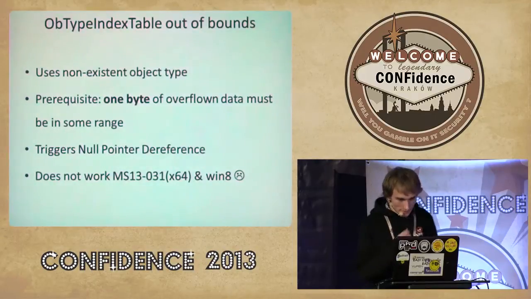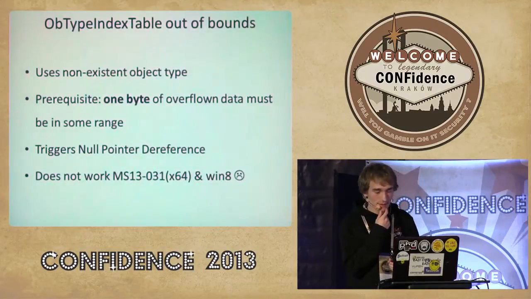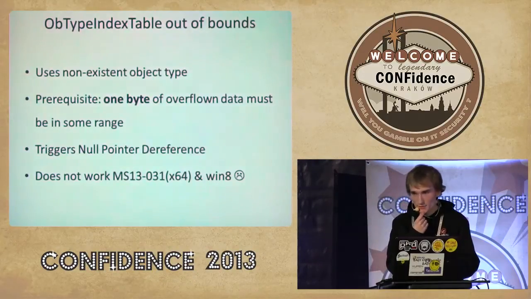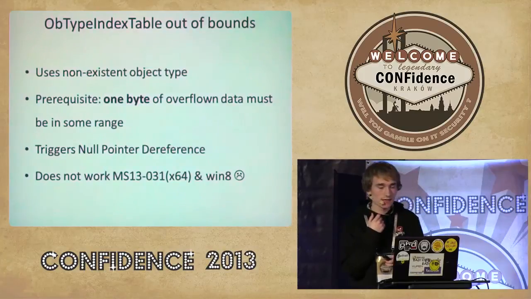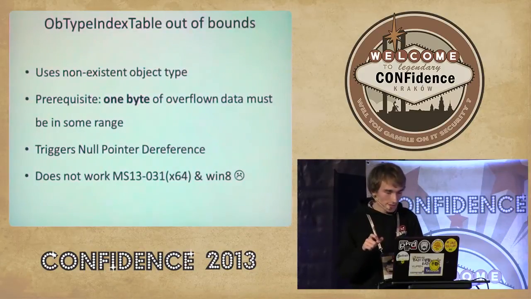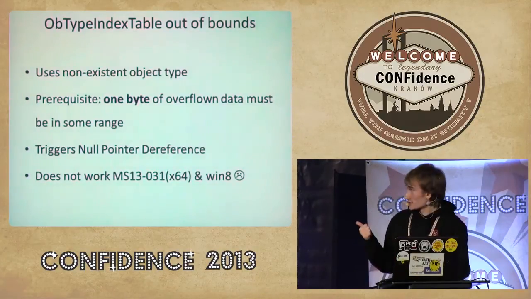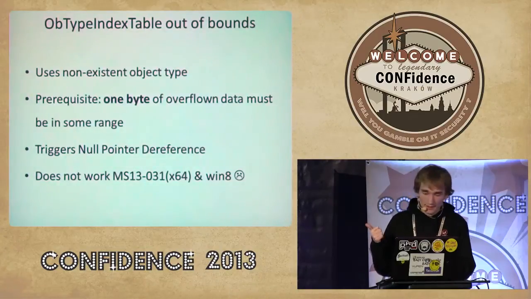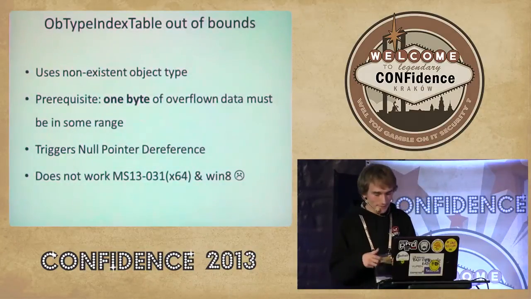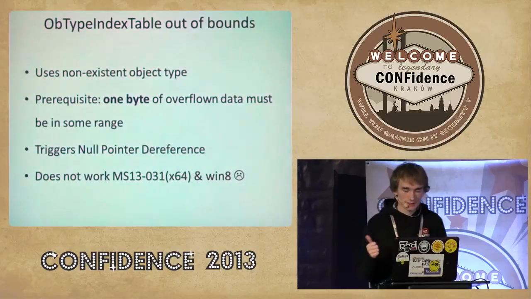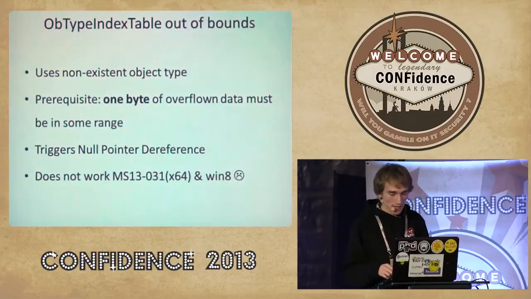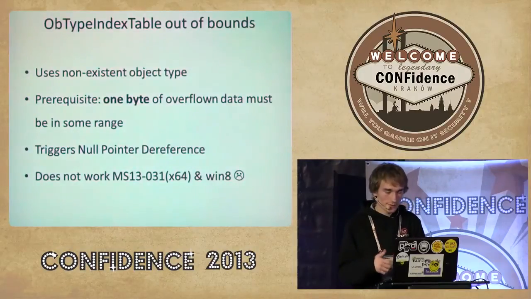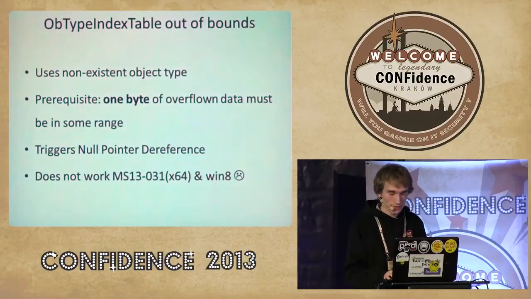But the awful thing is that you can't allocate memory at the null page on Windows 8, and after the security fix, which is MS13-031, you can't allocate memory at the null page on a 64-bit operating system. But on the other hand, you can allocate on 32 bits, so it works.